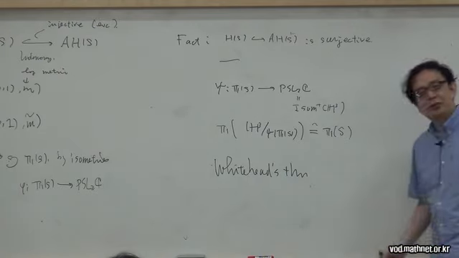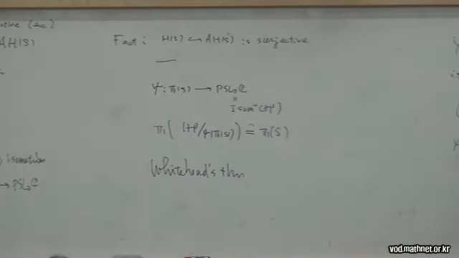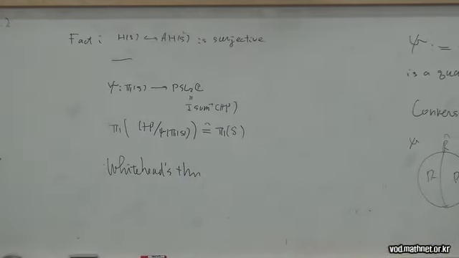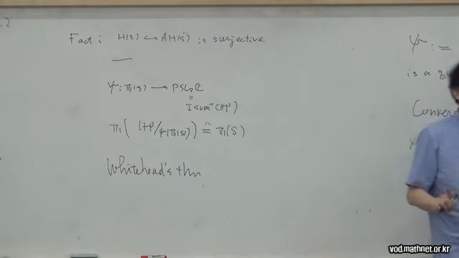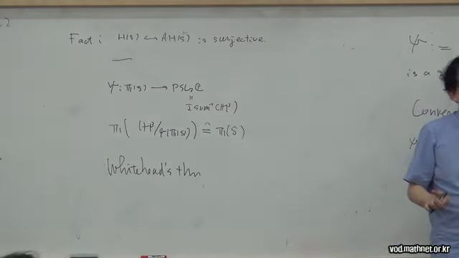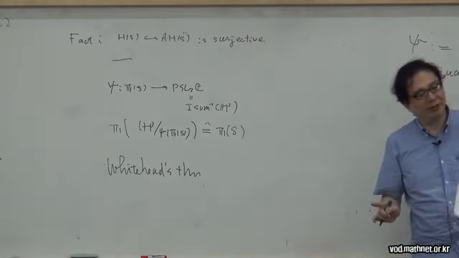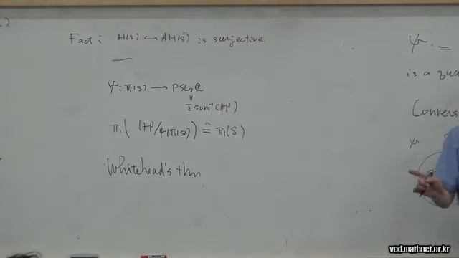So two aspherical, well, CW complexes. Well, in this case, the manifold. So two aspherical manifolds are homotopy equivalent if and only if their fundamental groups are isomorphic.